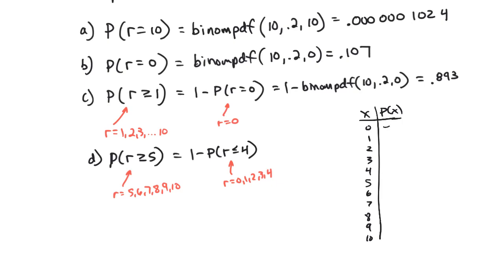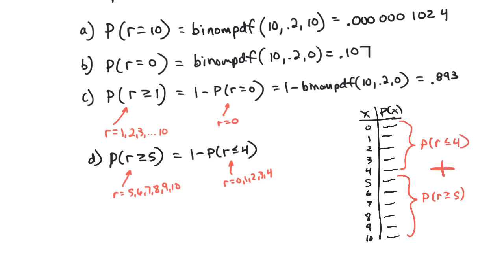And we could find these probabilities here for each of these by using binomial PDF for each one of these. And what we want is 5 or more. We want all of these. We want the probability that R is greater than or equal to 5. Well, we can't find it directly, but we can find all of these. And we know that if I take the first one and add it to the second one, I have to get 1, right? Add up all those, I have to get 1. So we're just going to find these and subtract it from 1.